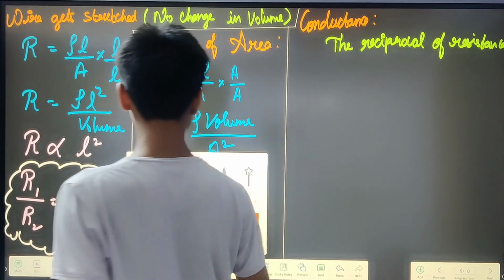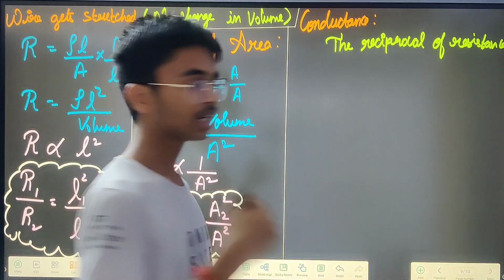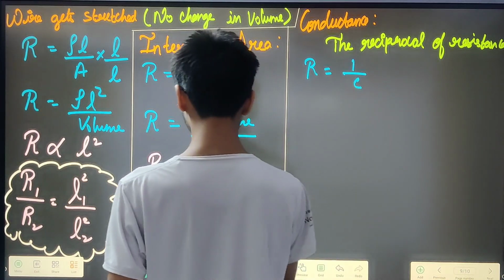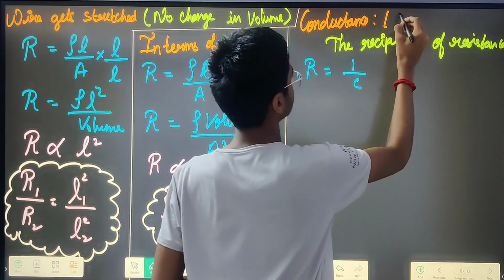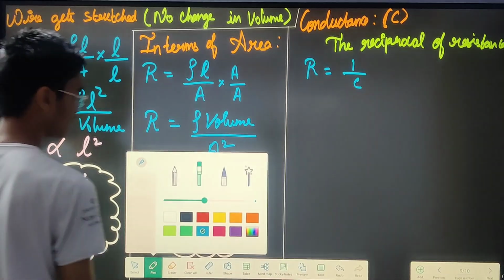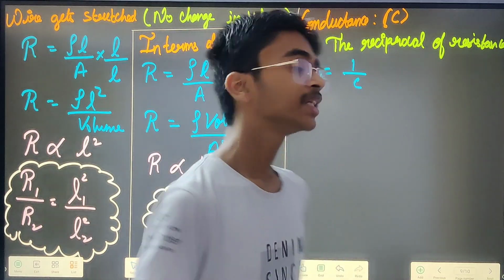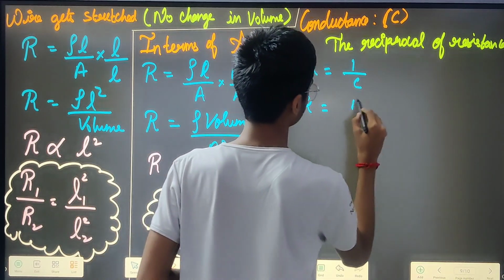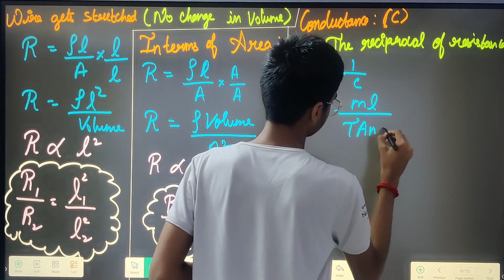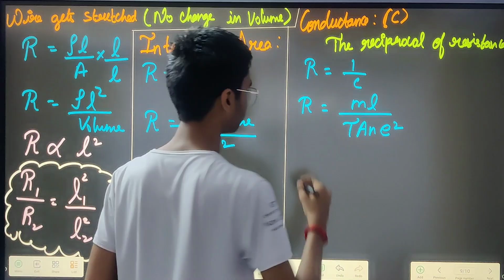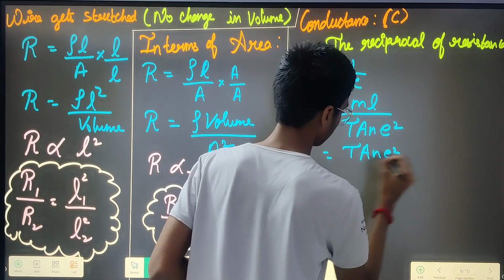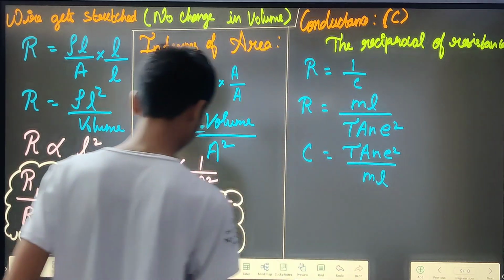It is the reciprocal of resistance, which means that if R is equal to 1 by C, conductance is written with this capital C. So where R is equal to 1 by C. That means if R is equal to ml whole divided by ne square tau, then conductance is equal to ne square tau whole divided by ml.